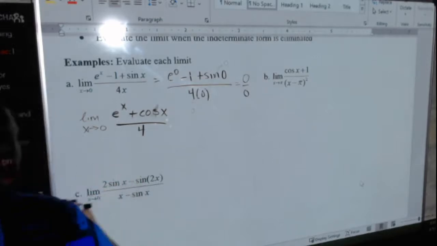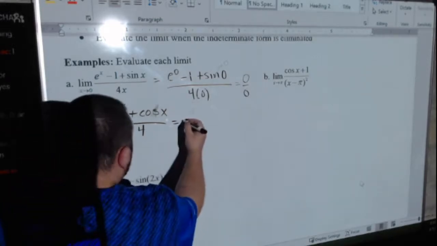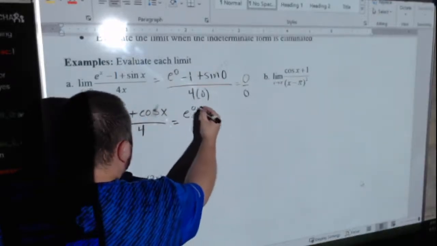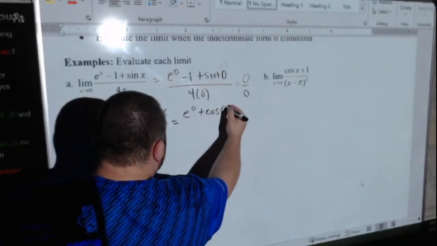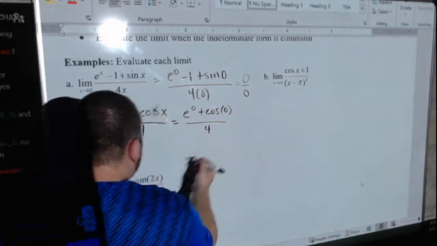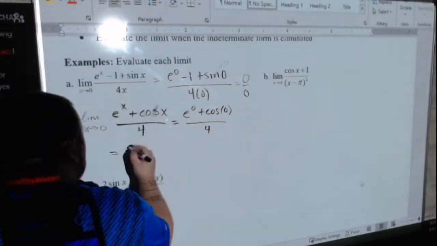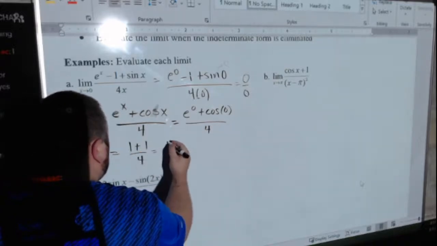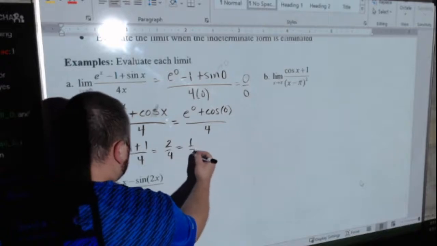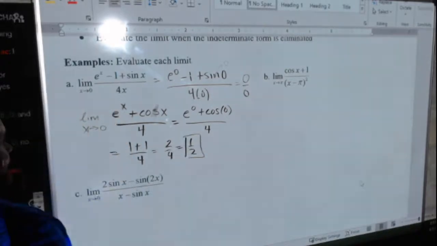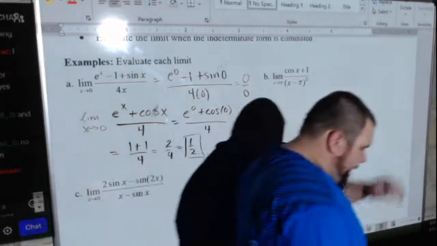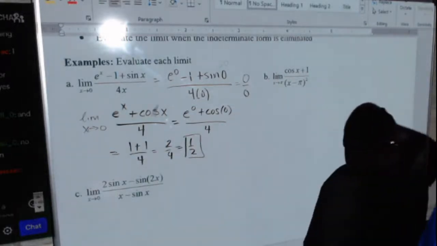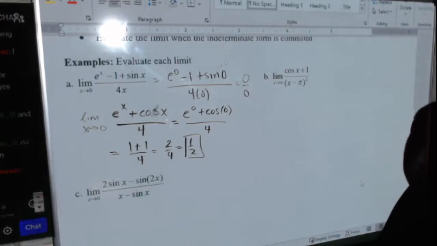Now evaluate again. So plug in. This is e to the 0 plus cosine 0 all over 4. E to the 0 is 1. Cosine of 0 is 1. So we get 1/2 out of that. So that's the limit of that expression using L'Hopital's rule.